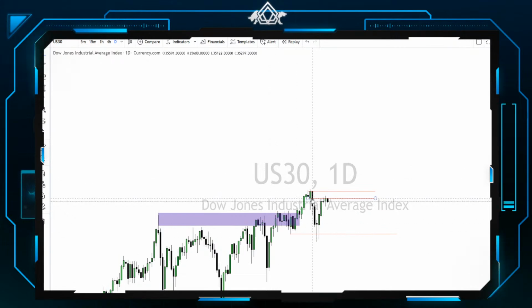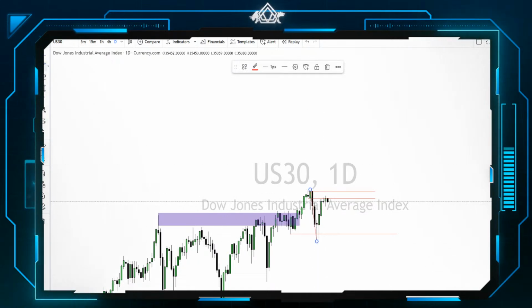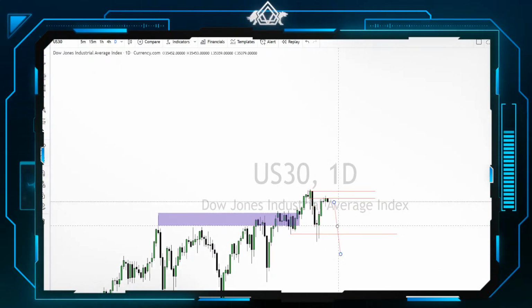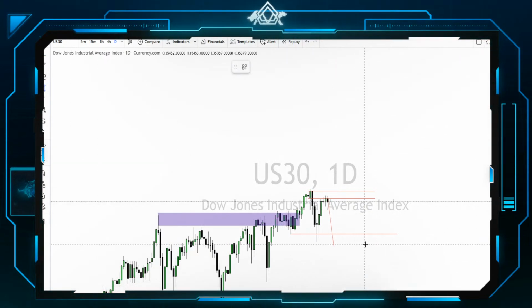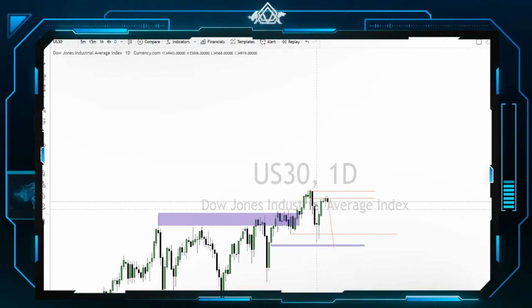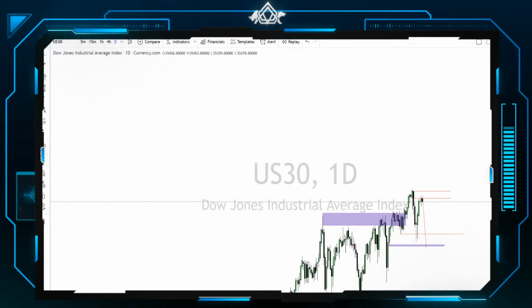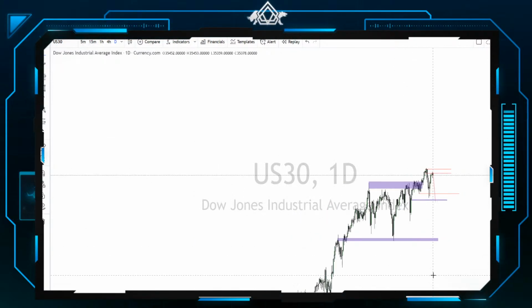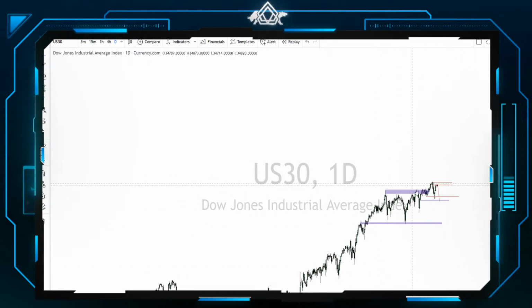So for US30, whenever we keep rejecting this zone here, I actually believe that the market could make another down, which is about an equal size from here, and which would bring us back just to the lows or start consolidating. Okay, it doesn't necessarily need to make higher highs and higher lows every single day, every single week. It's also possible that we just see consolidation, just the same like that happened here.